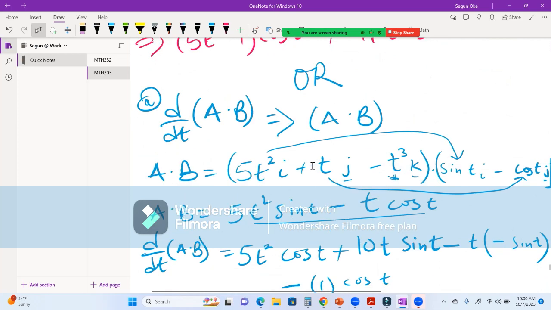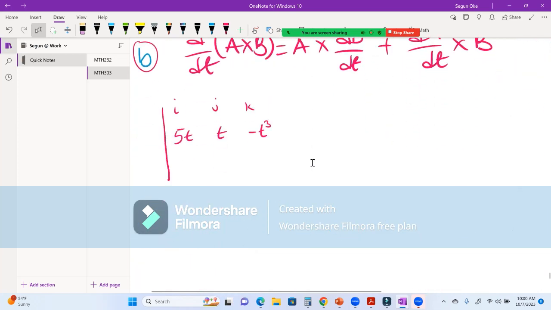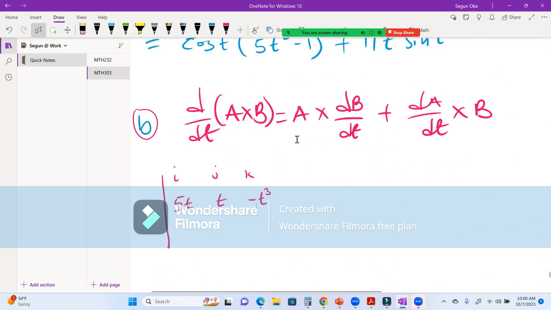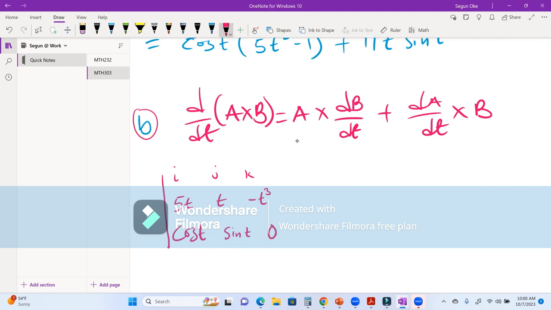Okay. What do we have, please? Cos t i plus sin t j. That's B. What is k? And the k is 0. Thank you. Then plus another matrix for the dA/dt.